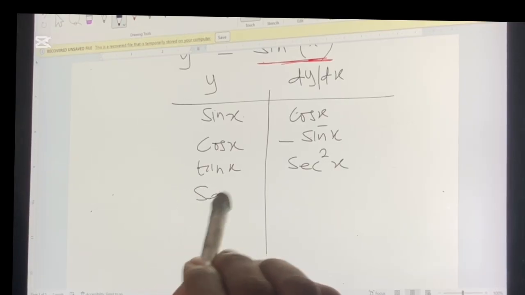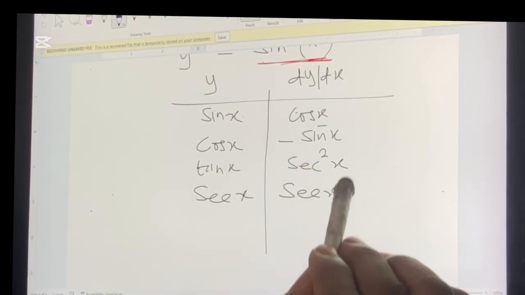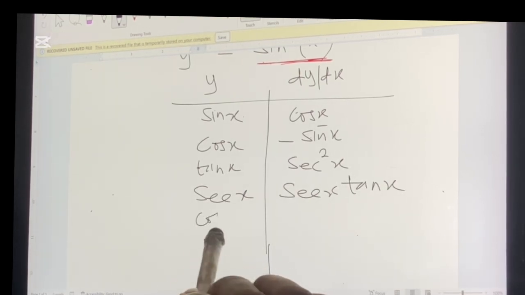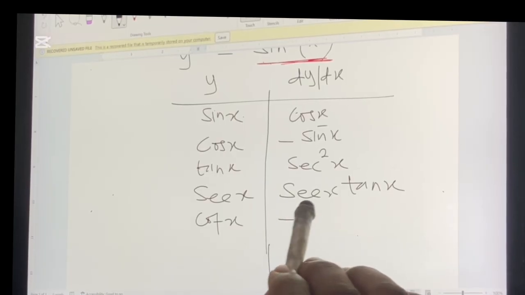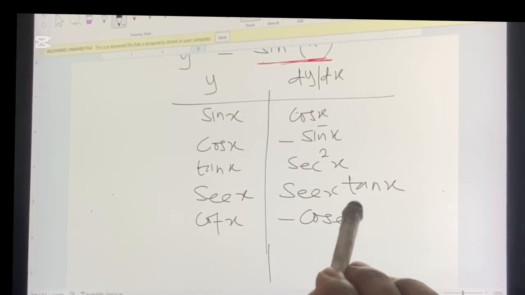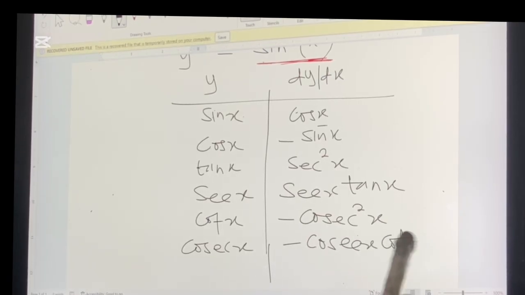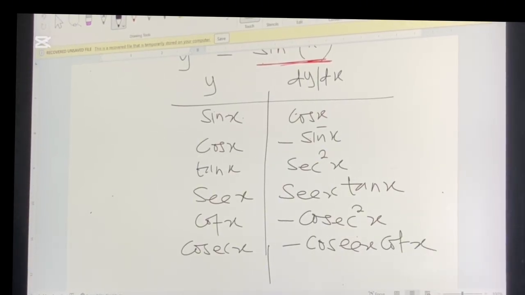For sec s, the derivative is sec s tan s. For cot s, the derivative is minus cosec square s. For cosec s, the derivative is minus cosec s cot s. So this is what you have to know, class.